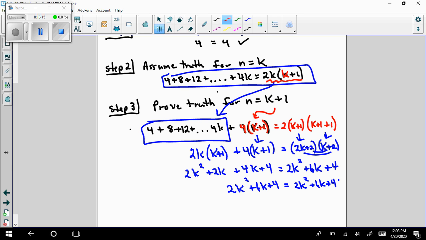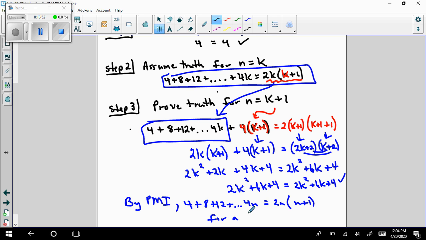So since I ended up with the left side equal to the right side, I can now make the statement that by the principle of mathematical induction, we're going to call it PMI, shorten that a little bit, I can say that 4 plus 8 plus 12 plus my original statement 4n is equal to 2n times n plus 1 for all natural numbers.